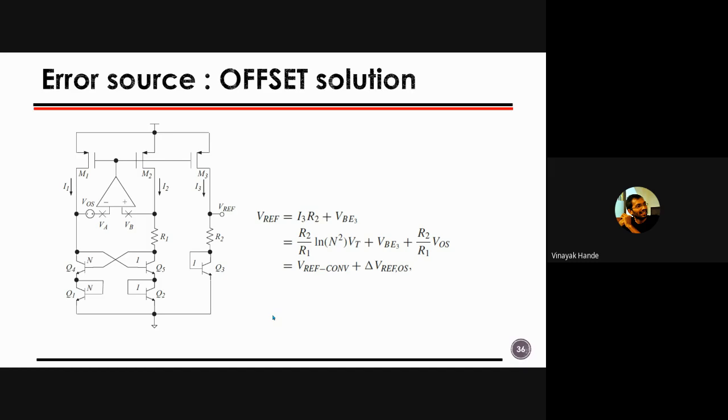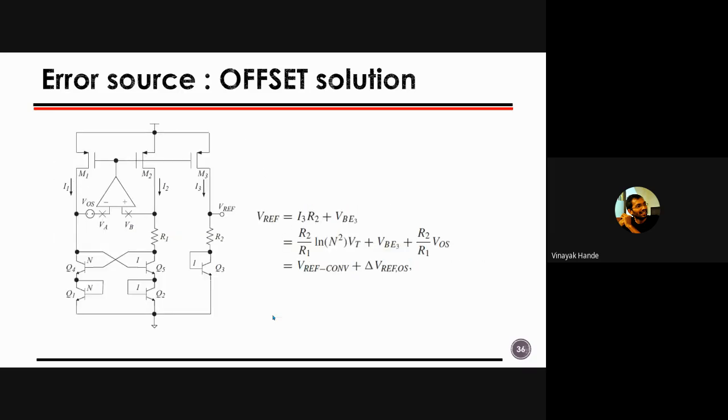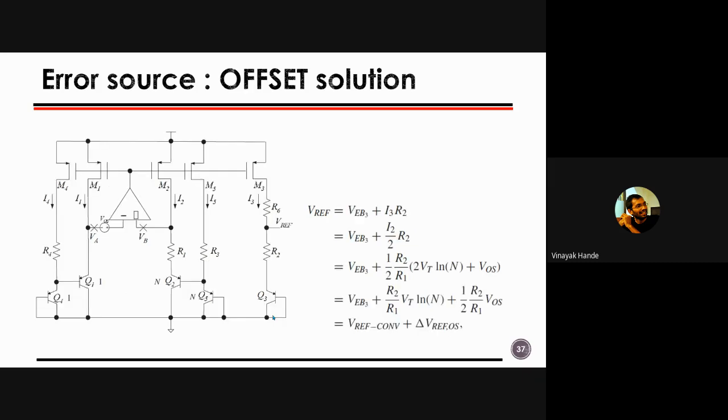I am sacrificing my area and my supply voltage, and here also the same thing, sacrificing area and supply voltage, but at least I'm saving some power in this. Here we have only three branches, while there I have to have 5 branches, so at least I can save some power to get rid of or reduce the offset value.